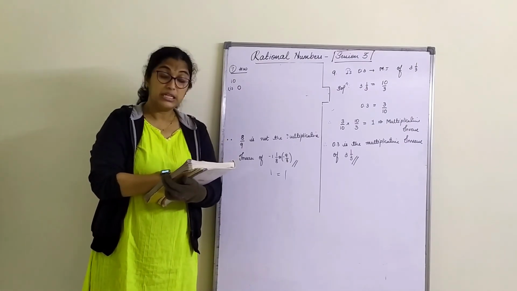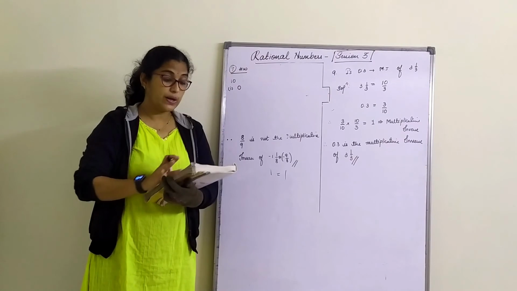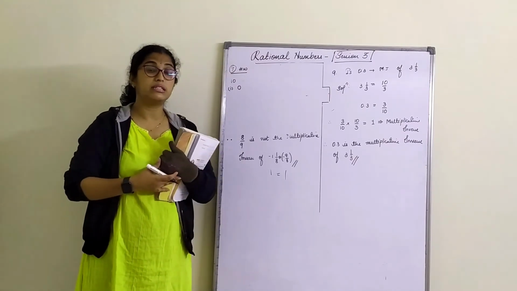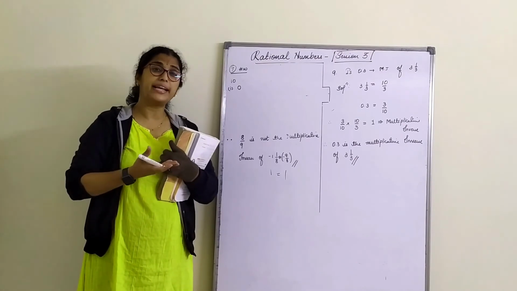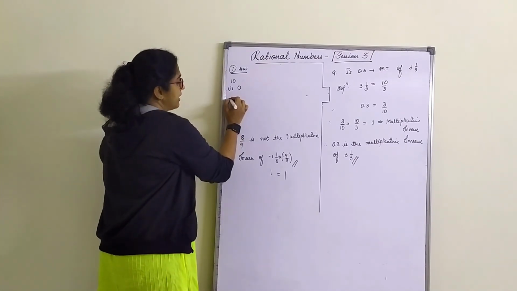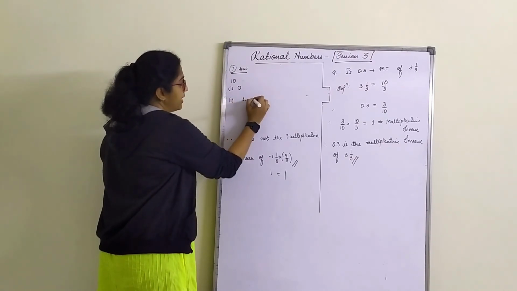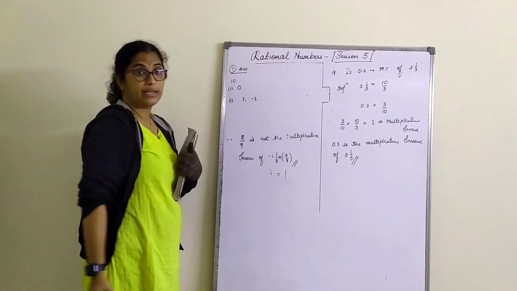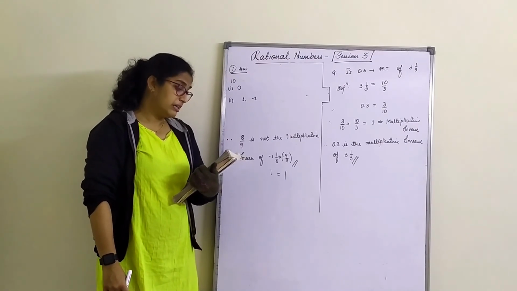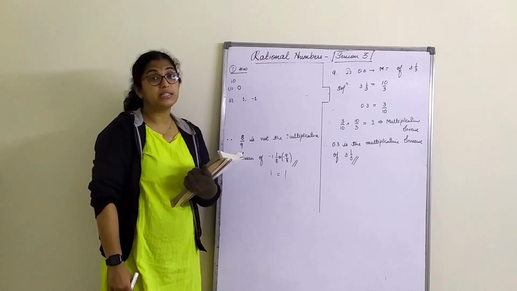Next one. The rational numbers that are equal to its reciprocal. 1 is equal to the reciprocal? Yes. Is minus 1 equal to the reciprocal? Yes. So, the second answer is 1 and minus 1. Last one. The rational number that is equal to its negative.